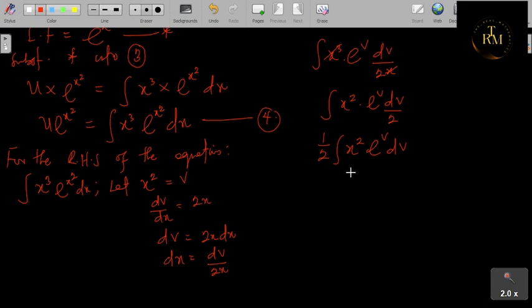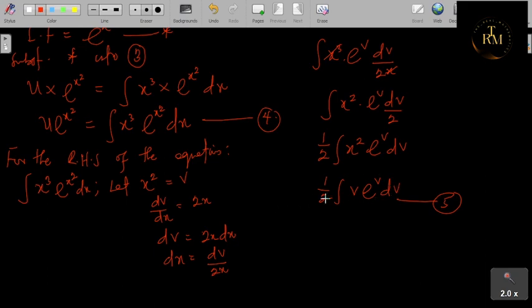And once I've done that, I can see that I made x squared v, so I'll replace this x squared here with v. So I have 1 over 2 integral of v exponential v dv. Alright. So this is one side of the equation. I'll call this equation 5.